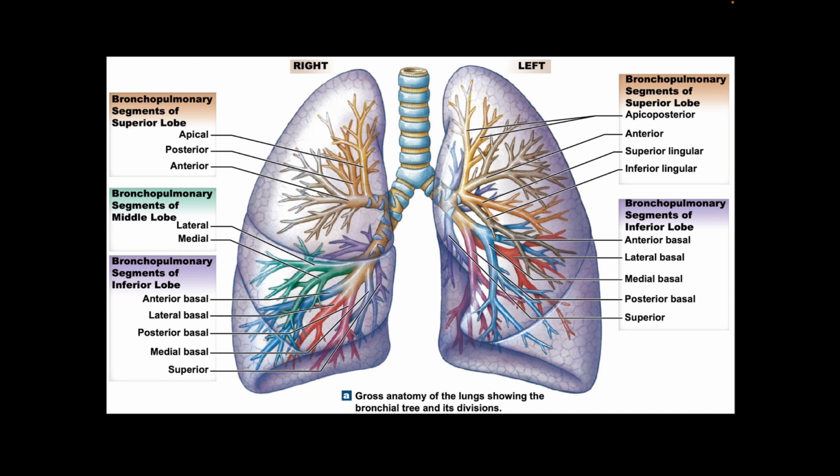The segments of the left lung will include, on the superior lobe, the apicoposterior, the anterior, superior lingular, and inferior lingular. And in the inferior lobe, there is a superior, anteromedial basal, posterior basal, and lateral basal.